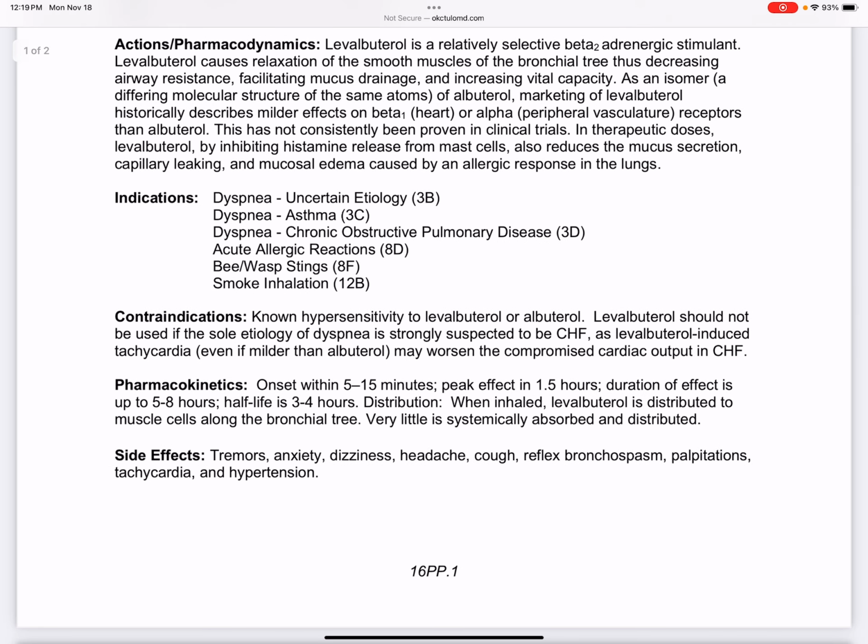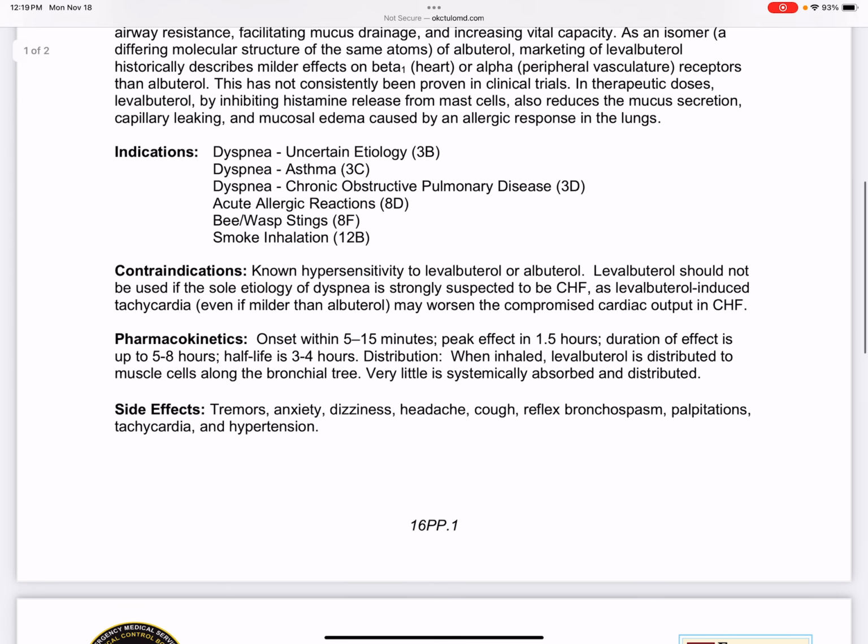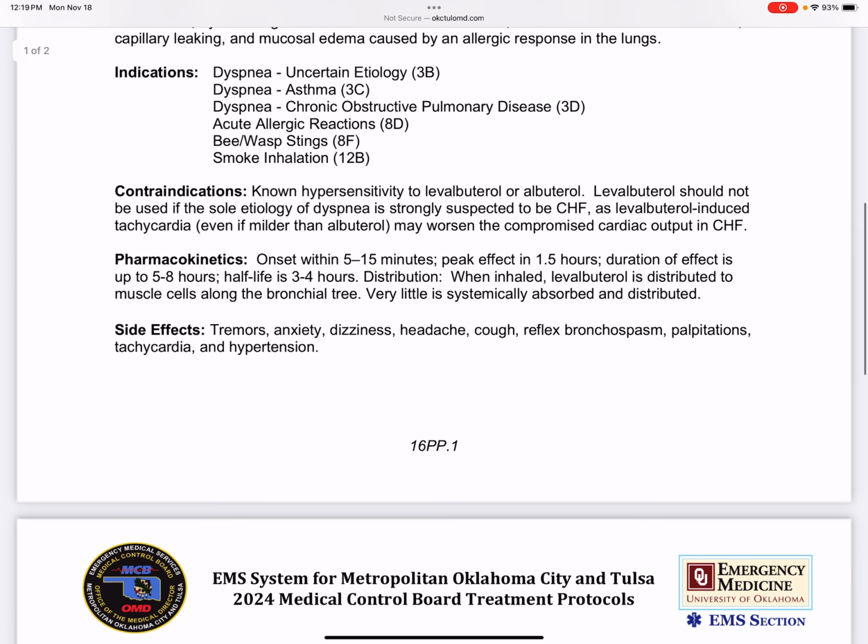Indications are going to be the same as albuterol. You've got your uncertain etiology for dyspnea, asthma, COPD, allergic reactions, smoke inhalation. The contraindications for levalbuterol, as always, known hypersensitivity to levalbuterol or albuterol. So you couldn't substitute albuterol for levalbuterol if they're having reactions to albuterol.